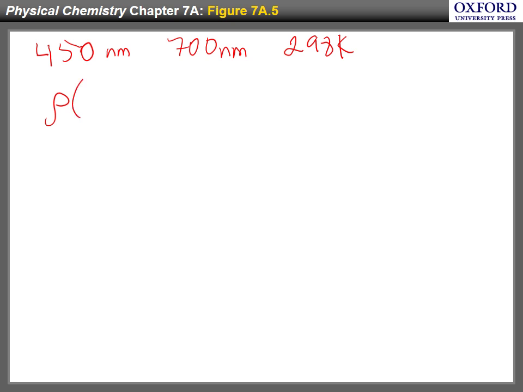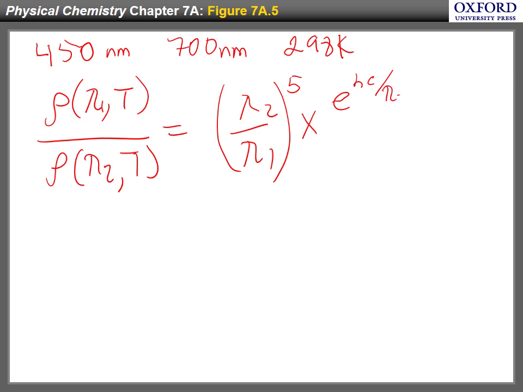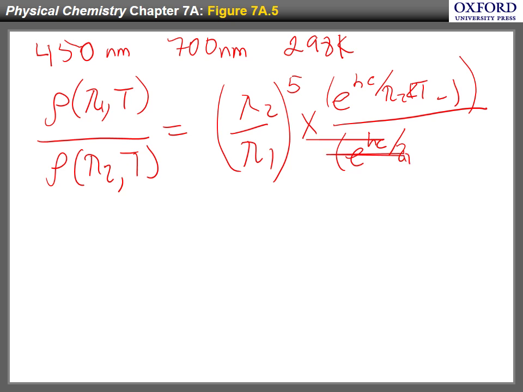Rho of lambda 1, T divided by rho of lambda 2, T equals the ratio of these two wavelengths, lambda 2 over lambda 1 to the fifth power, times the Planck's exponents, which is e to the hc divided by lambda 2 kT minus 1, divided by, obviously, e to the hc divided by lambda 1 kT minus 1. Okay?